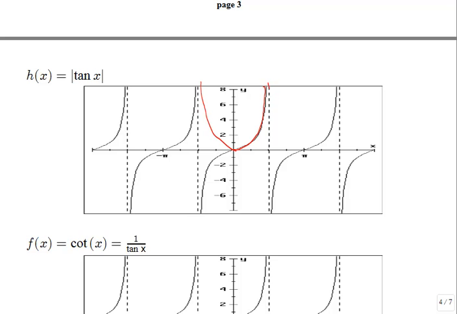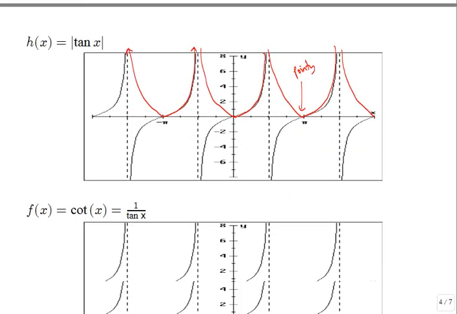I'm not being able to graph it too well, but it should be kind of pointy right where it changes. So this is going to be pointy right at that intercept, because there's an abrupt change right there. So that's all it does. Absolute value just takes anything that was negative and reflects it over the x-axis.